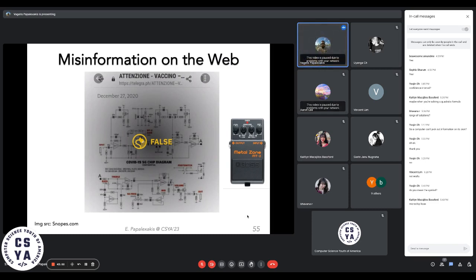But this example is also really telling, because by combining information and understanding that, hey, this schematic looks a whole lot like the schematic of this pedal, maybe that's not what's going on here, right?